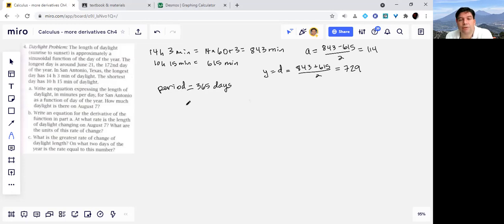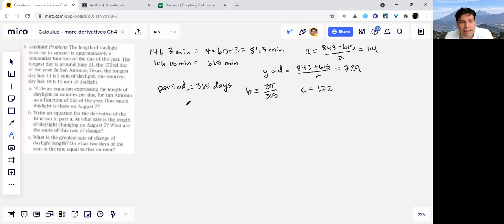That's what we're going to use. That means the value of B is 2 pi divided by 365. We're going to leave it just like that. And the value of C, if we use cosine, is simply when the maximum happens. June 21st, which is the 172nd day of the year.